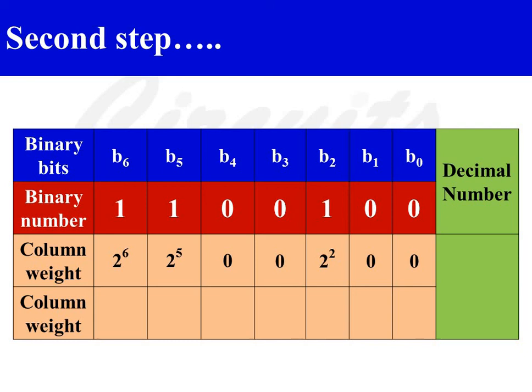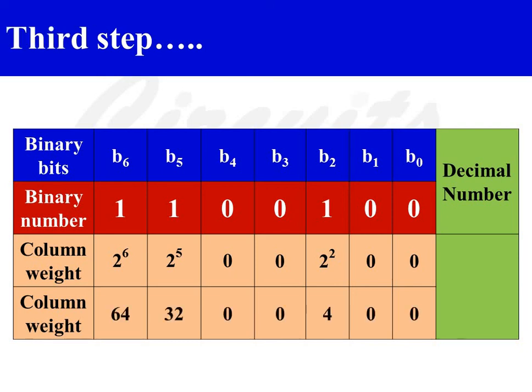Next step is to enter the column weight as decimal values. So wherever there is 1, we have to write the column weights. So the column weights are entered as 64, 32, 0, 0, 4, 0, 0 for various bits B6, B5, B4, B3, B2, B1 and B0.